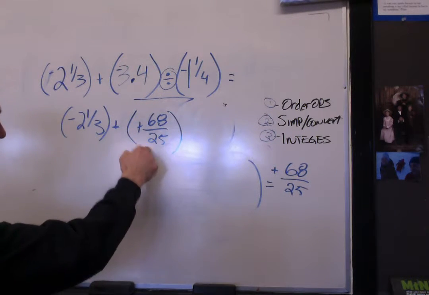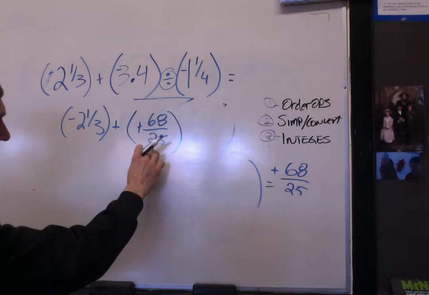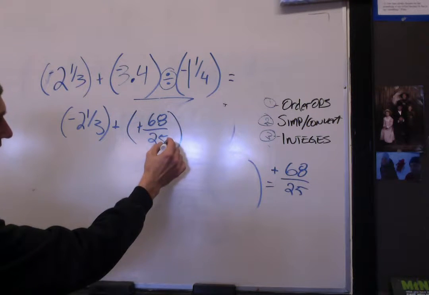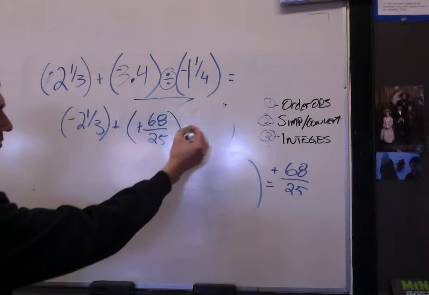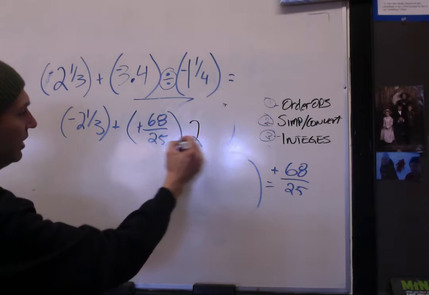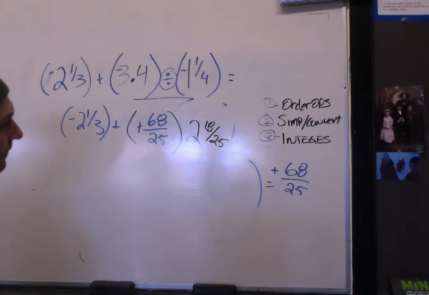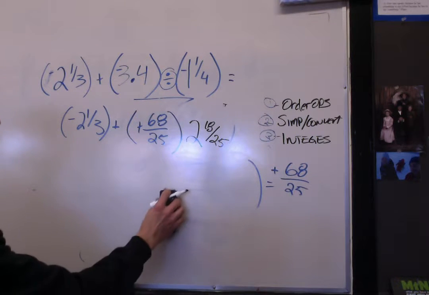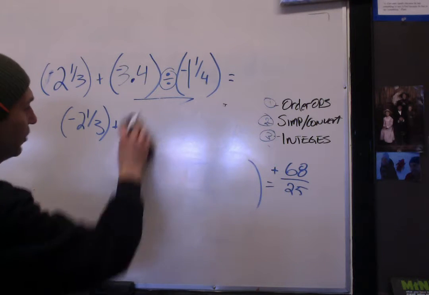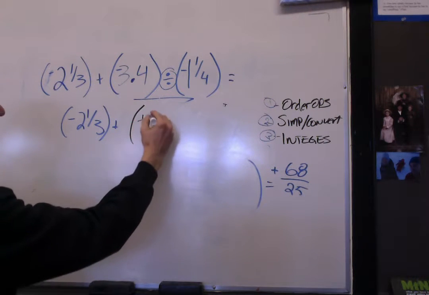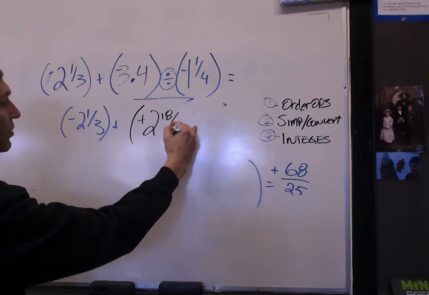So I'm going to convert this back to a mixed number. So I know I can take 2 25s out. So that's going to give me 2 and 18 over 25. Beautiful. So I'm just going to replace that with positive 2 and 18 over 25.